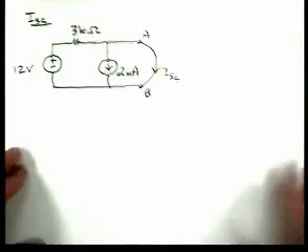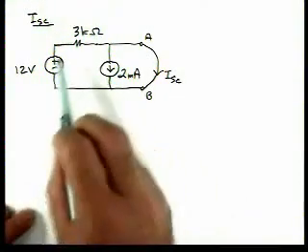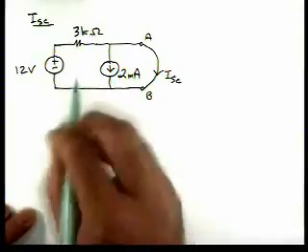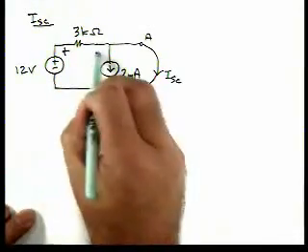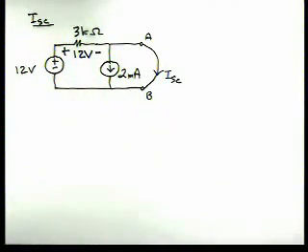When we break the circuit at that point, notice how simple our circuit becomes. You say, how's this so easy? Well, let's apply Kirchhoff's voltage law around the outside here. The voltage across this resistor by Kirchhoff's voltage law has to be 12 volts.